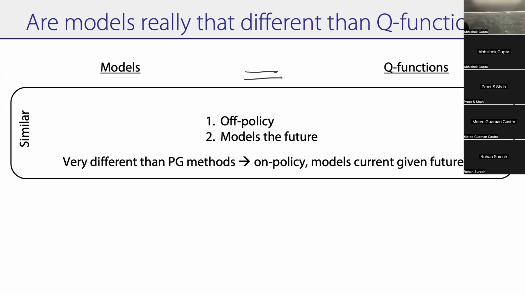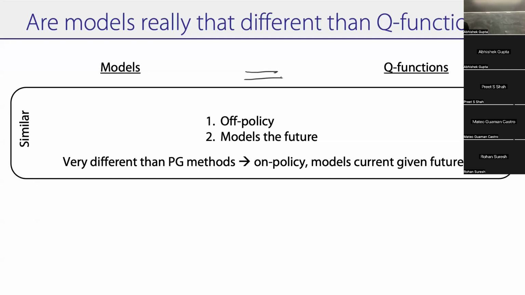Whereas models and Q functions are saying, given a state and action, what is the future? So you can think of models and Q functions as causal and policies as anti-causal. Models and Q functions go into the future and policies go into the past.